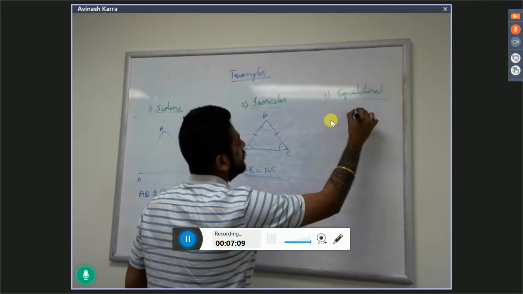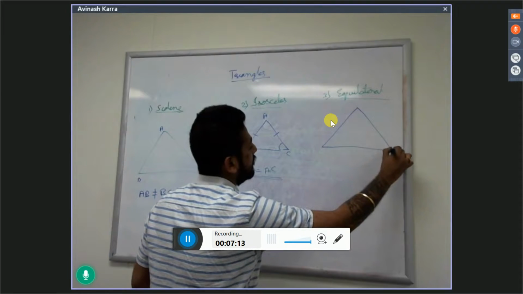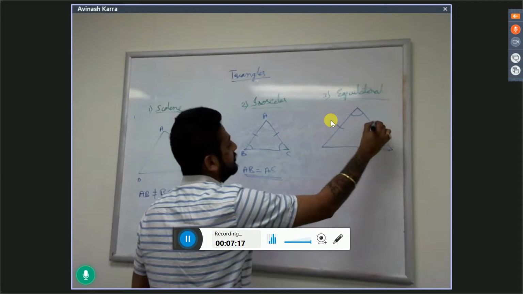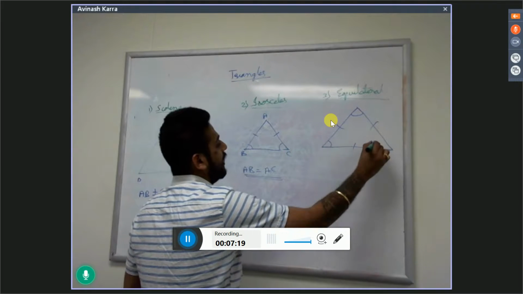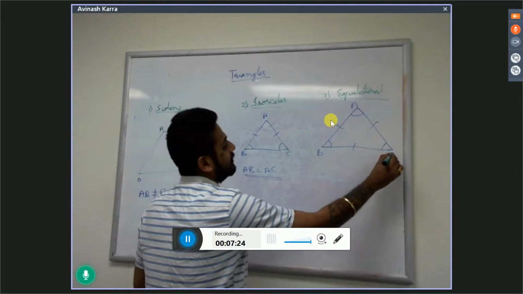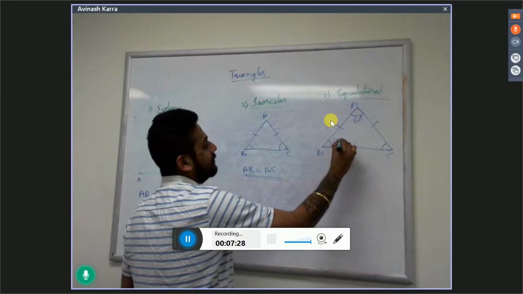Next, coming to the equilateral triangle. An equilateral triangle is nothing but all sides are equal. And in any equilateral triangle, all the angles will be 60 degrees.